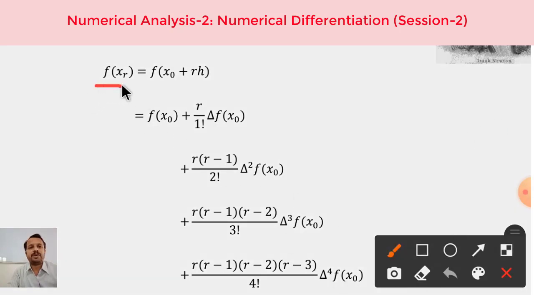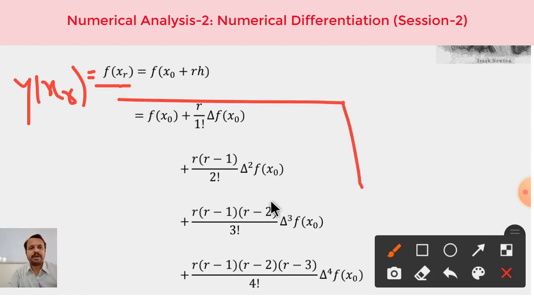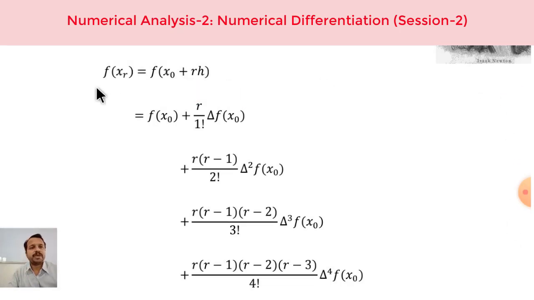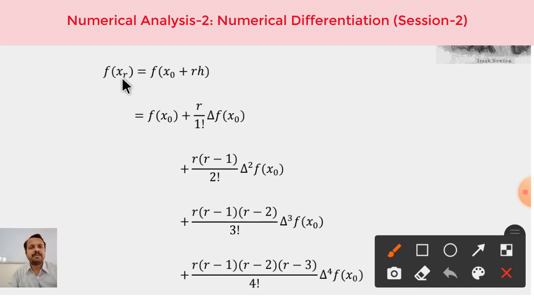Here is the Newton's forward interpolation formula: f at xr, or y at xr, whatever it may be, since y equal to f of x. This is the expression we have to remember; please look at what I have written. Here xr is nothing but x0 plus rh.